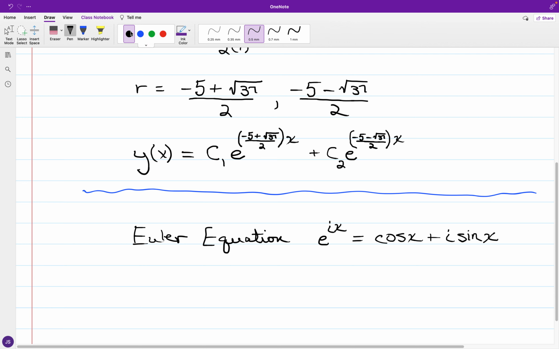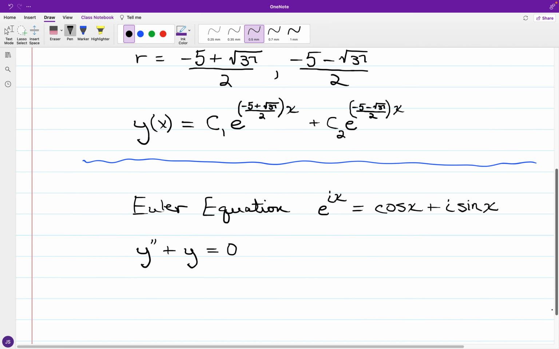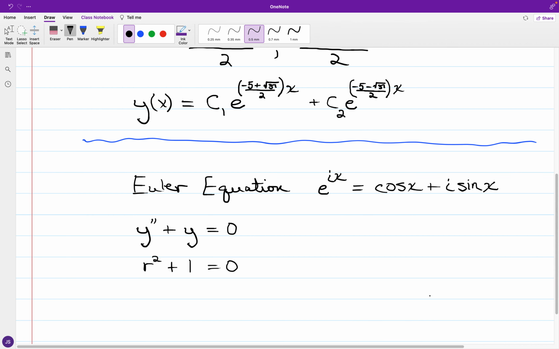Perhaps the most basic homogeneous equation that has complex roots is y double prime plus y is equal to 0. If we translate this into a characteristic root equation, we have r squared plus 1 is equal to 0.